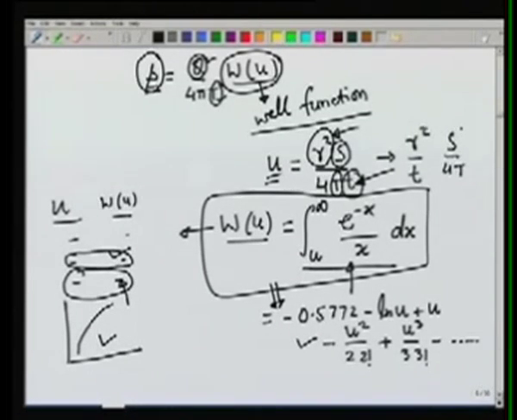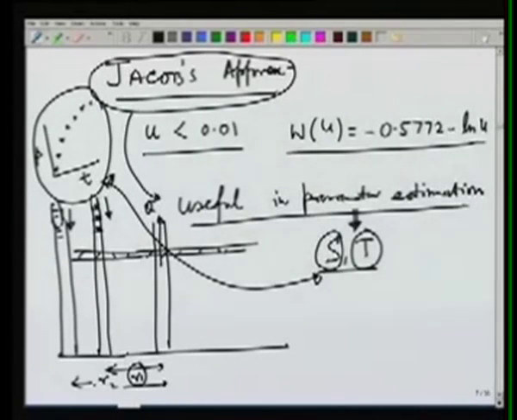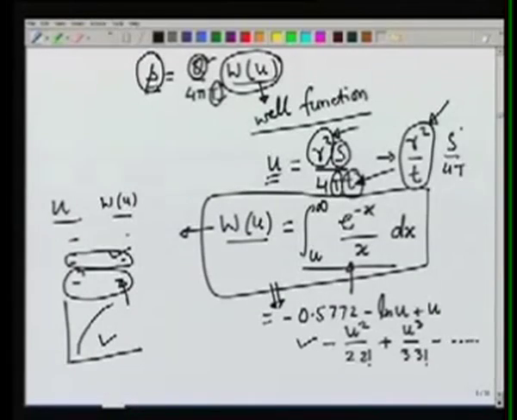So individual values of r and T are not important. This r square over T factor is what will affect the drawdown. So if you have two different wells at distances of r1 and r2, if we plot T versus s, they would be on different lines. But if you plot r square over T or T over r square versus drawdown, both of them will fall on the same curve, and that curve can be used to estimate the value of S and T.